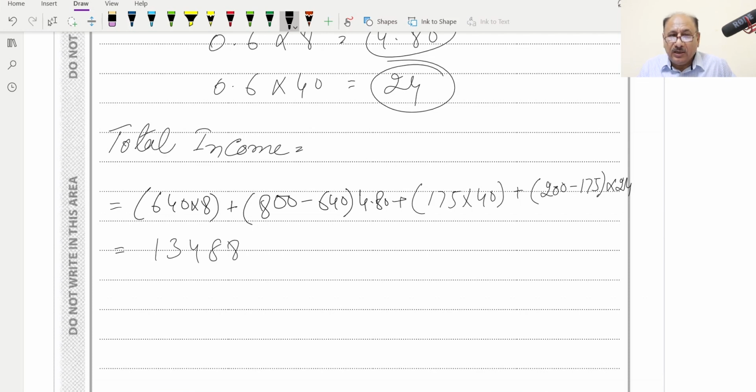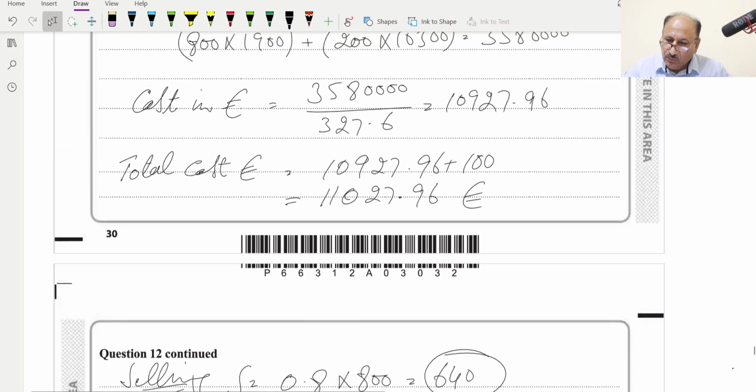13488, and this is the total selling price. So profit will be 13488 minus the cost, which is how much? 11027.96, which we have already calculated over here.